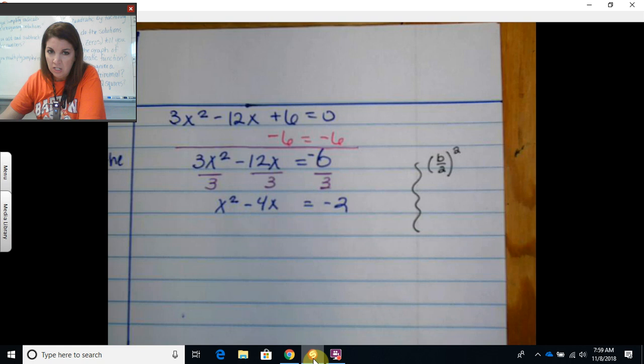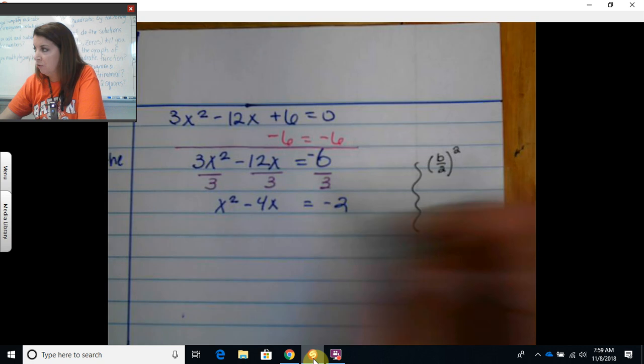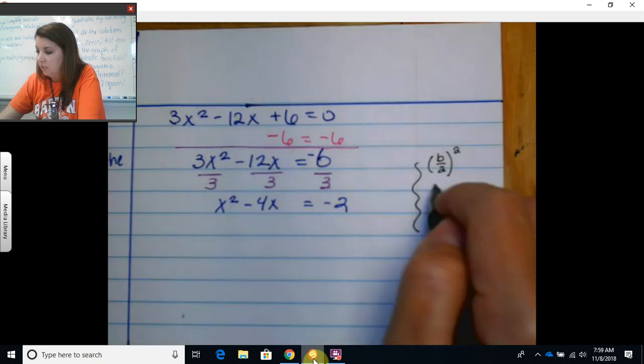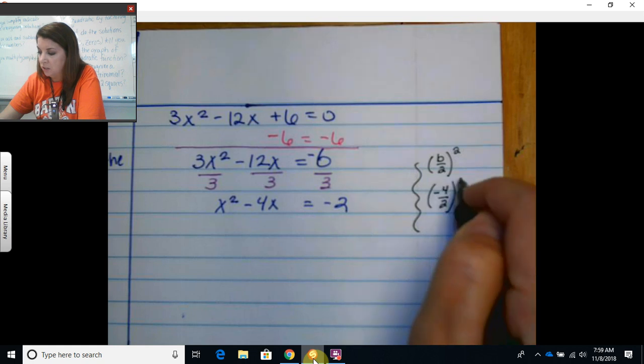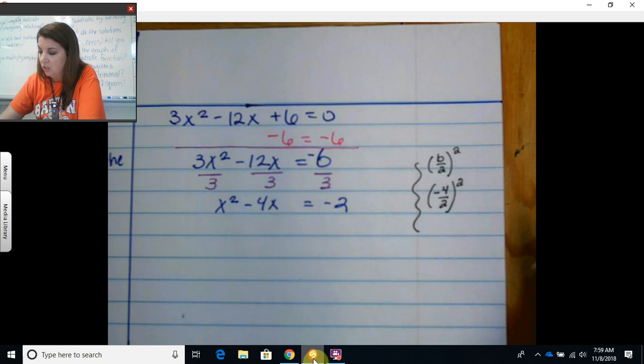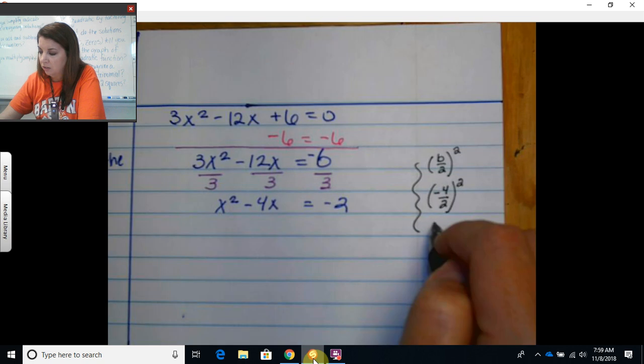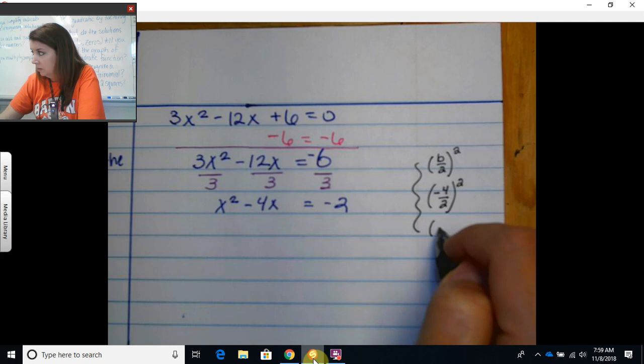So what's my value for b right now? Not the original value for b, but negative 4, right? B is the coefficient of the linear term. So we want to figure out what negative 4 divided by 2 quantity squared is. What is negative 4 divided by 2? Negative 2.